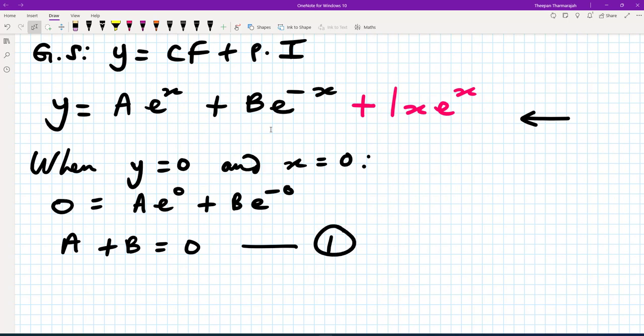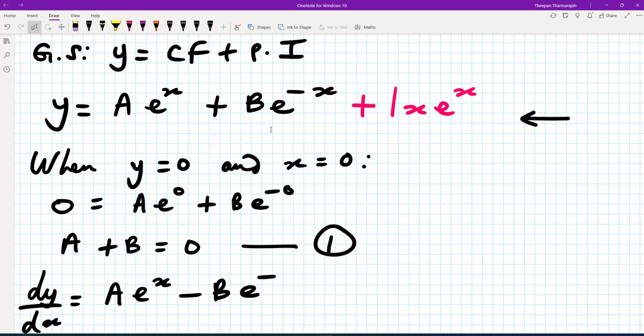Now, if we differentiate what we've got for y, it's going to be dy by dx. Well, the differentiation of e to the x is e to the x, and a is a constant, so we just get a times e to the x. But be careful here, we get minus b times e to the minus x. And here we have to use the product rule for the pink term, so it's going to be plus x times e to the x differentiated plus e to the x times x differentiated.